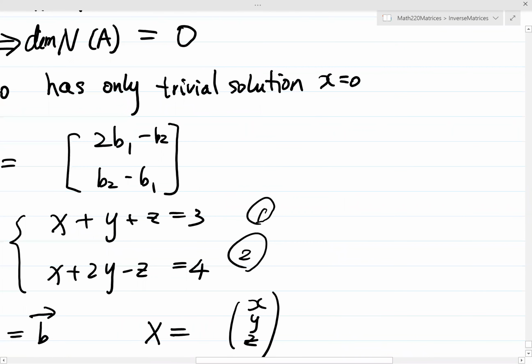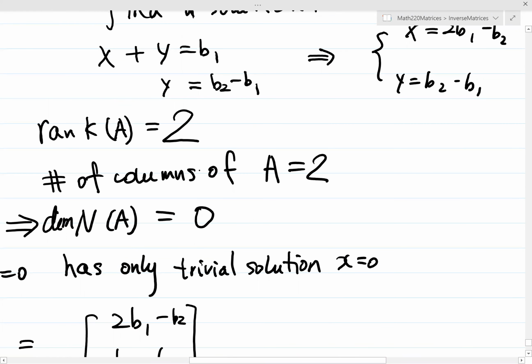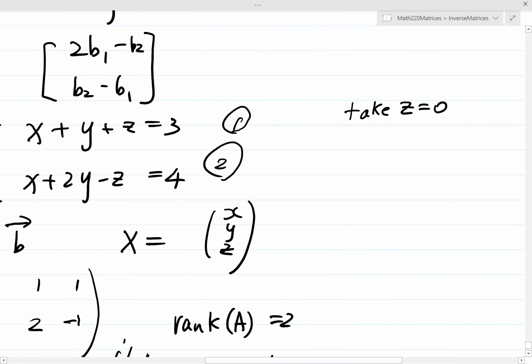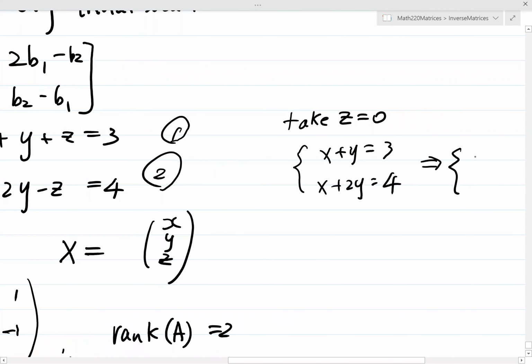You may use trial and error to find a special solution. For instance, take z to be 0. You can also take x to be 0, it's also solvable. We just choose one. Then we get x plus y to be 3, x plus 2y is 4. Then you solve. This is very easy to solve. So you can easily solve x to be 2, y to be 1. You can easily check. So we get a particular solution.